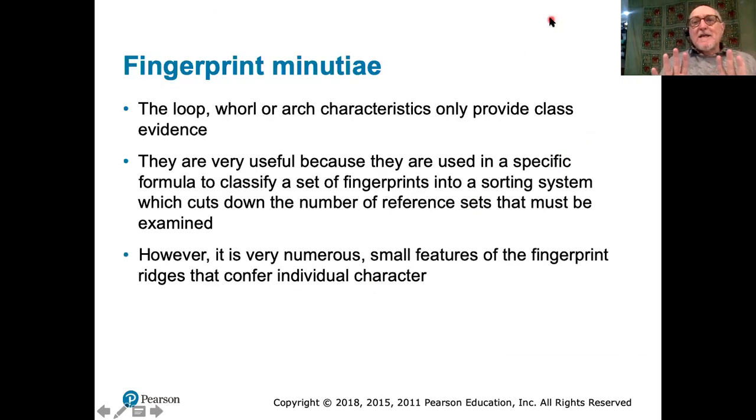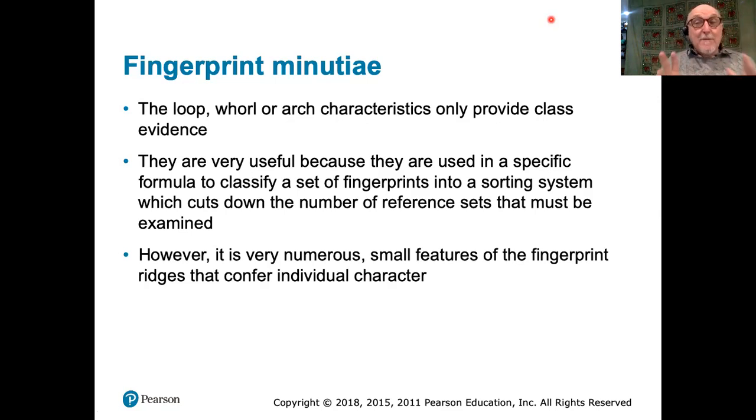Those are actually not individual characteristics. They allow us to put fingerprints in a class. Those are class characteristics. Everybody has loops, whirls, or arches on their fingerprints. That is just the presence of those is not an individual characteristic.